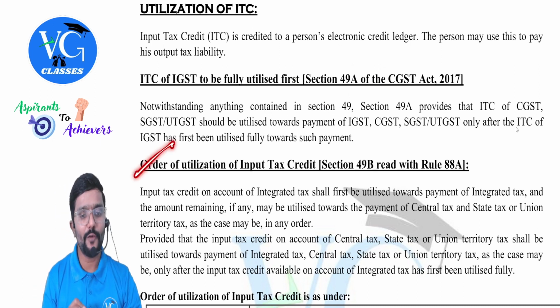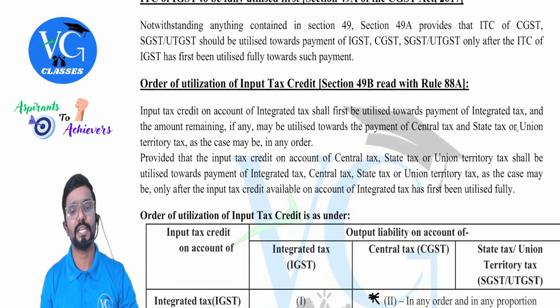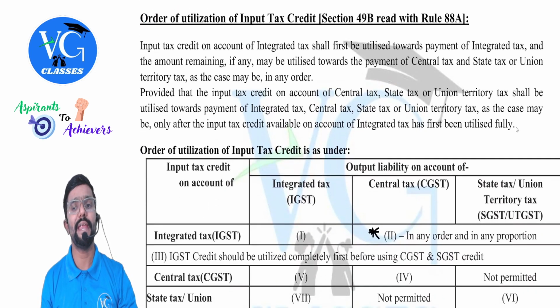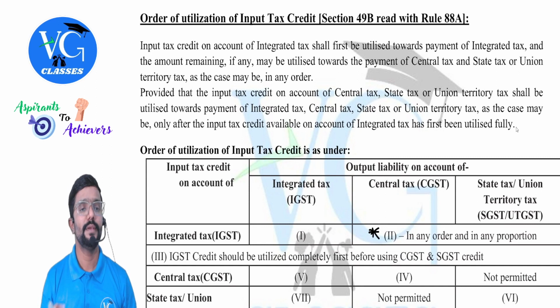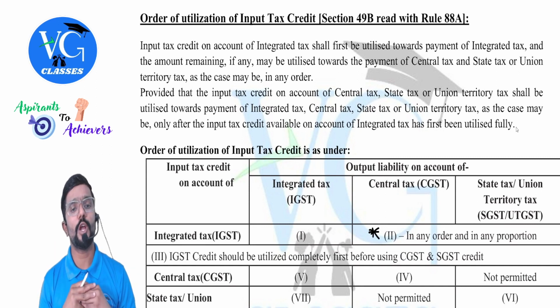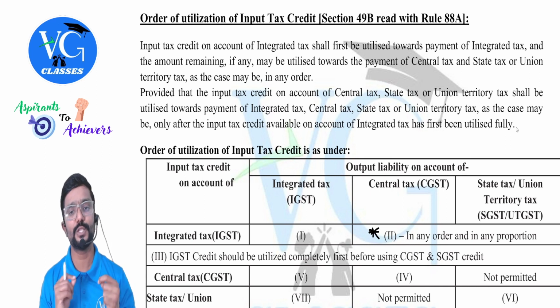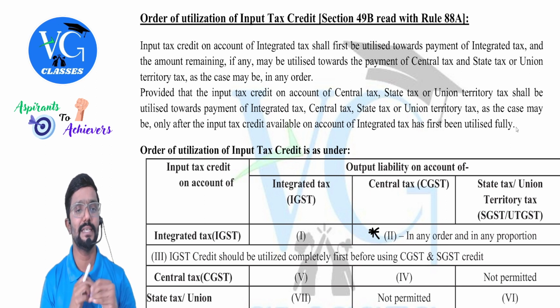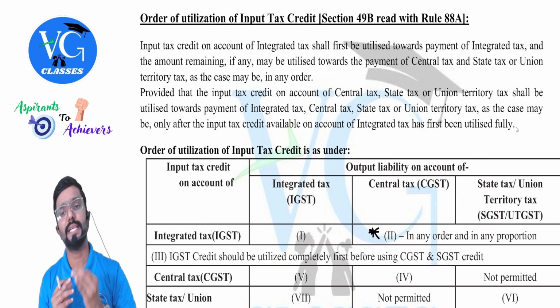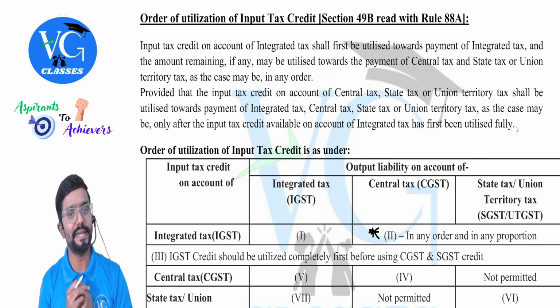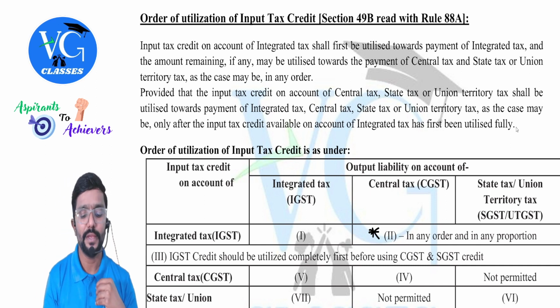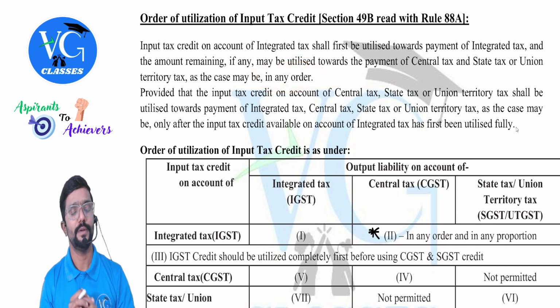Next, order of utilization of input tax credit, section 49B read with rule 88A. Input tax credit on account of integrated tax, that is IGST, shall first be utilized towards payment of integrated tax, and the amount remaining, if any, may be utilized towards the payment of central tax and state tax or union territory tax, as the case may be, in any order.